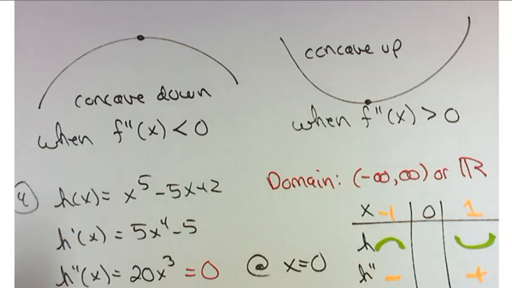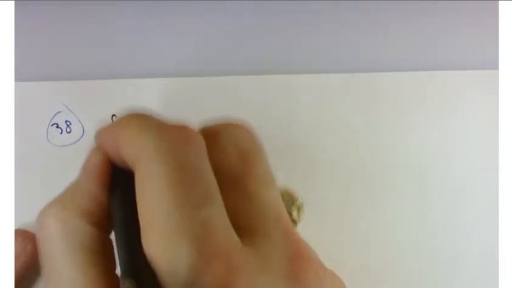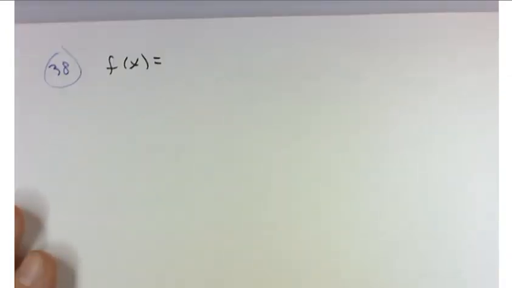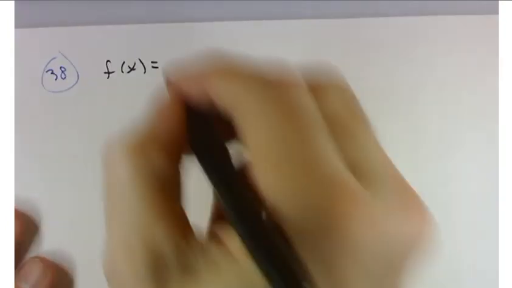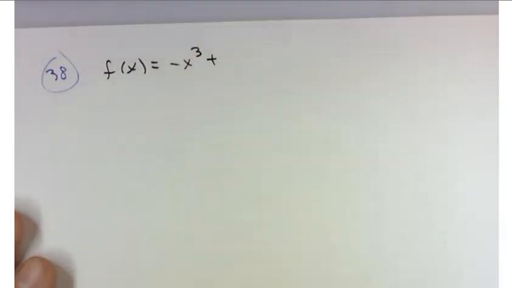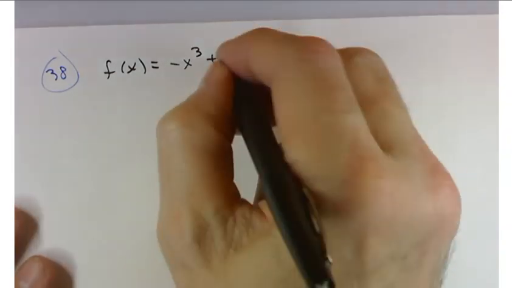So let's apply the second derivative test to problem 38. F of x is negative x cubed plus 7x squared minus 15x. Where do you suppose I should start here?